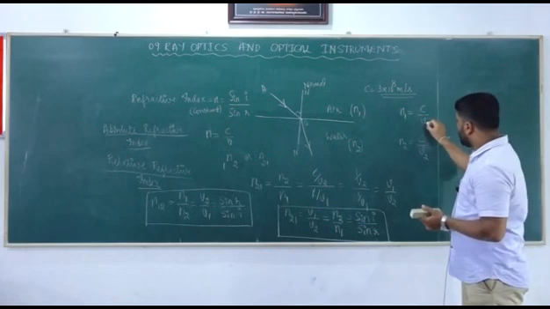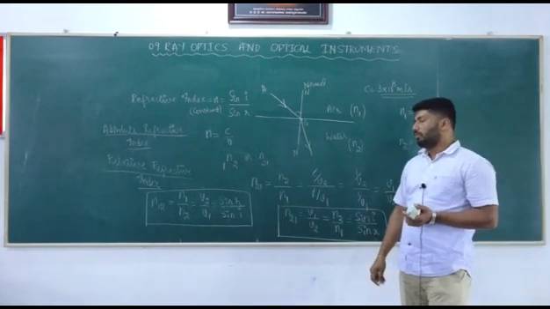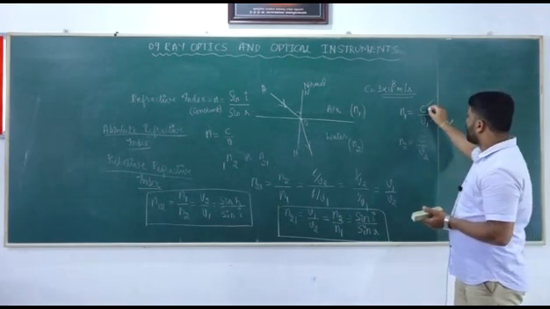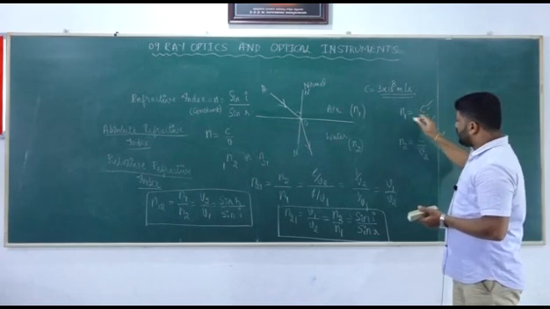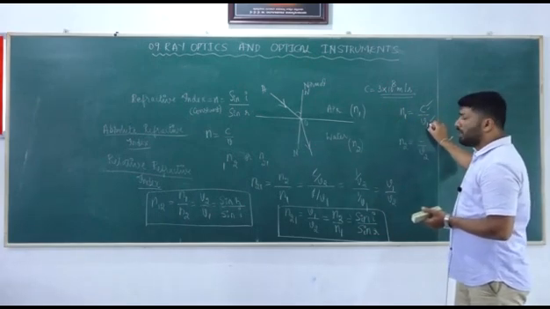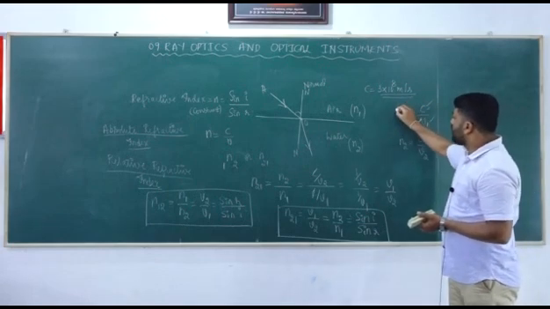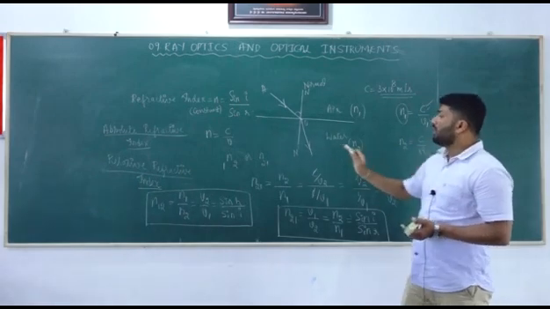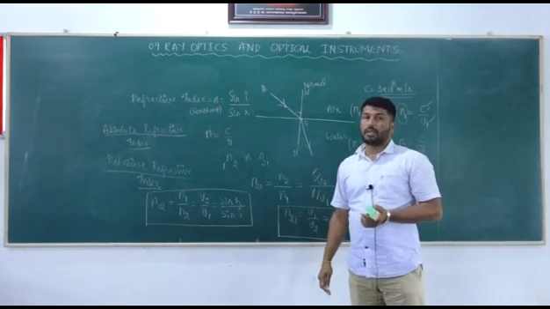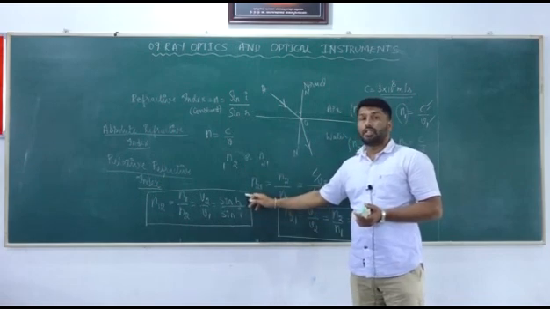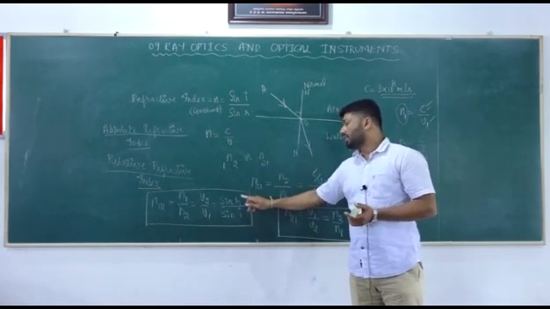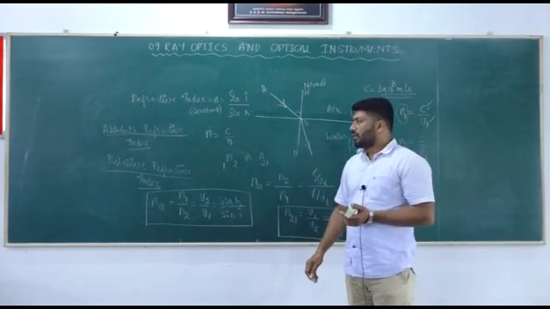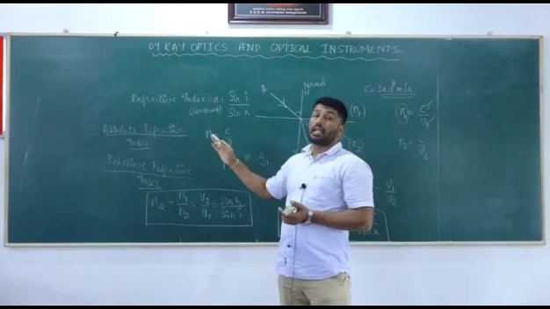If a problem is given, the speed of light in vacuum is known, and they will give the speed of light in water, then we can easily calculate the relative refractive index. There is no unit for refractive index because it is a ratio: the same quantity is in the numerator and denominator, so it cancels. That's why refractive index has no unit.